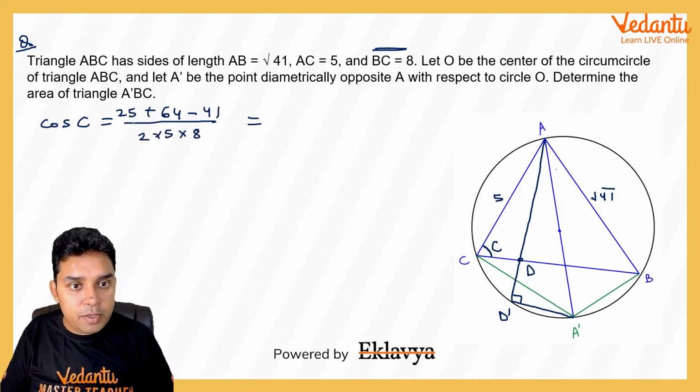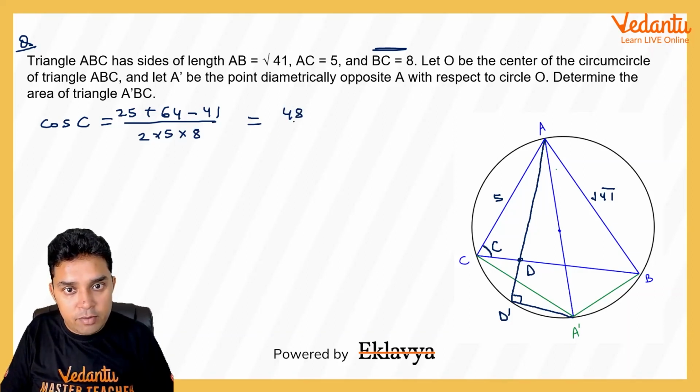So if we simplify it, it becomes 89 minus 41, so 48 it will be, upon this will be 80. So by 16 if we divide, it becomes 3 upon 5.